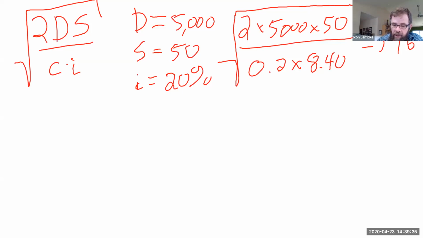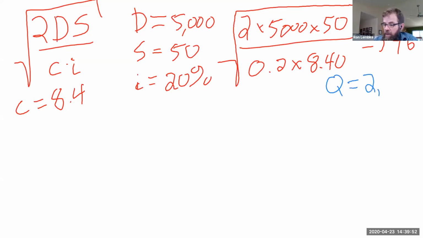So the cost is $8.40, and we can't use this EOQ. We're going to look at the cost of buying 2,000 units at a time, because that's what we have to do to get this price of $8.40.